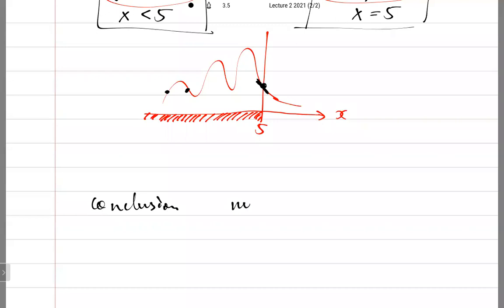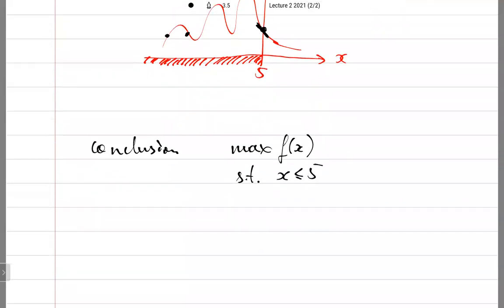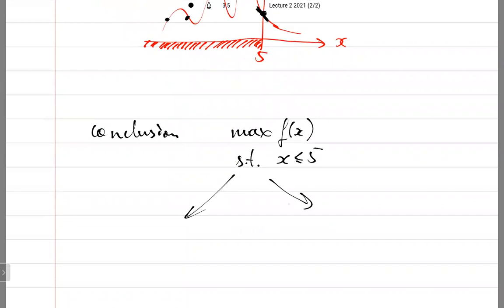So if we consider the problem of maximization of f subject to an inequality constraint, a very simple inequality constraint, then we need to solve two cases. We have a first order condition that is given by two cases.